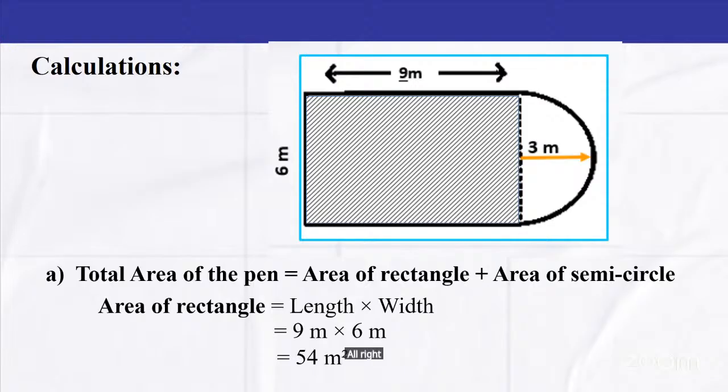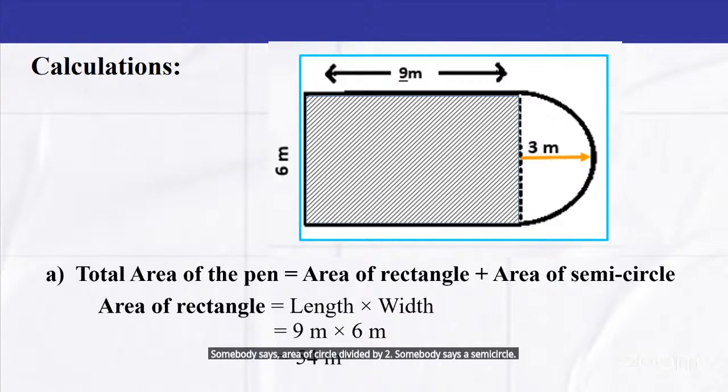Moncrief says the formula. All right, we would need to know the formula. The formula for what? Forbes says the radius. Radius of what? Somebody says area of circle divided by 2. Somebody says the semicircle.